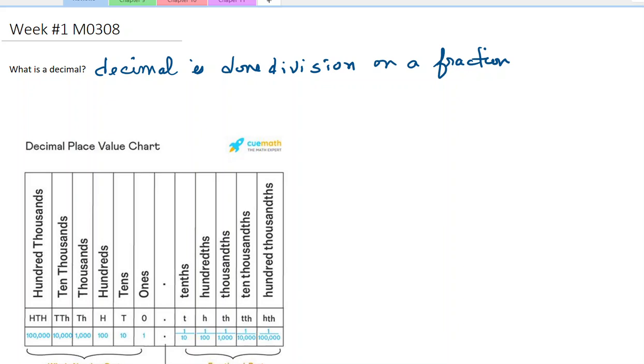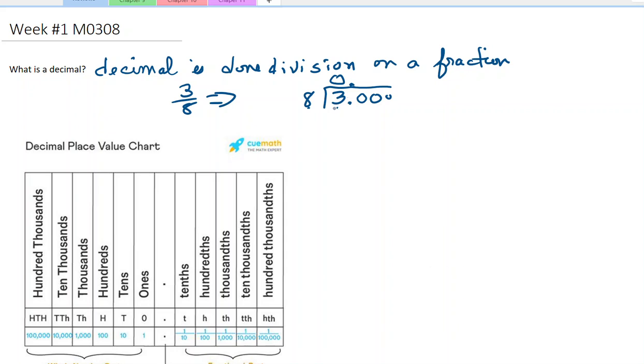So suppose we have 3/8. That would be 3 divided by 8. We know a decimal appears after every whole number. So I say 8 divides into 3 0 times, and I put the decimal above.